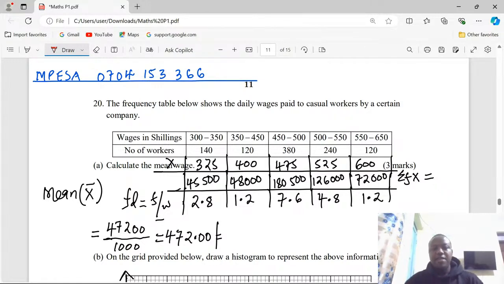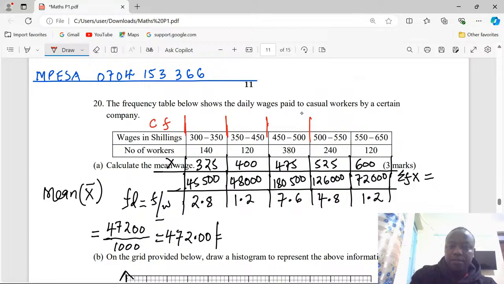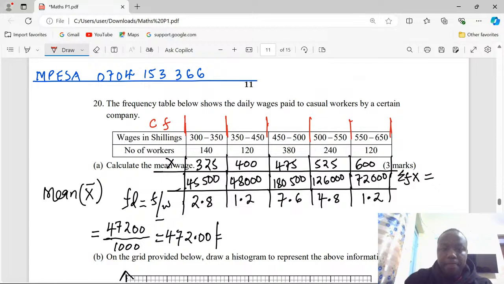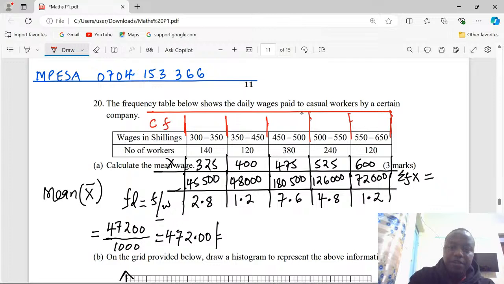The cumulative frequency, in this case it is a row, whereby we list all the CF, the cumulative frequencies, such that the first one is 140.